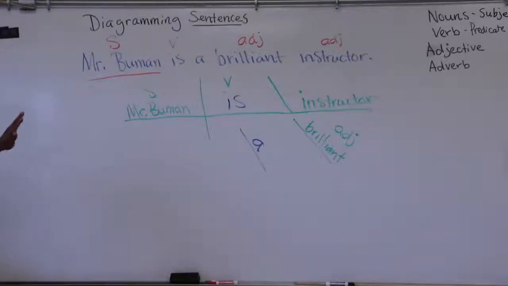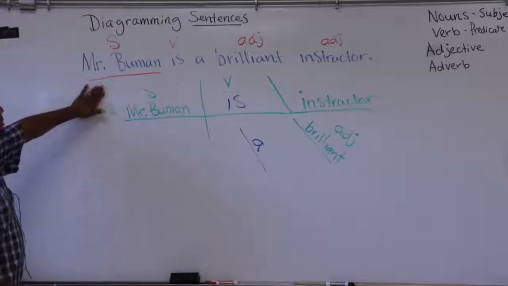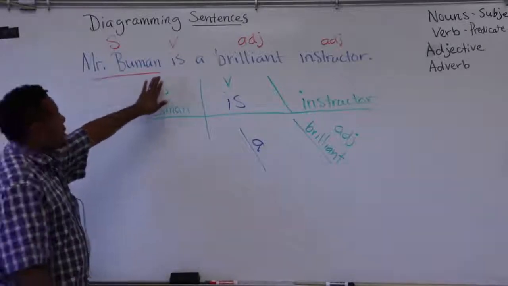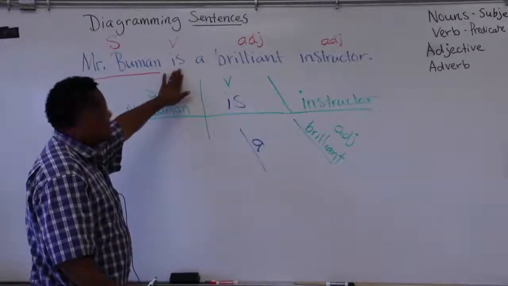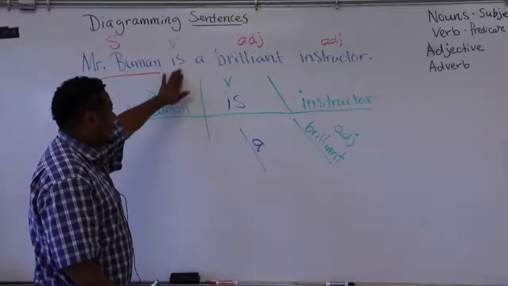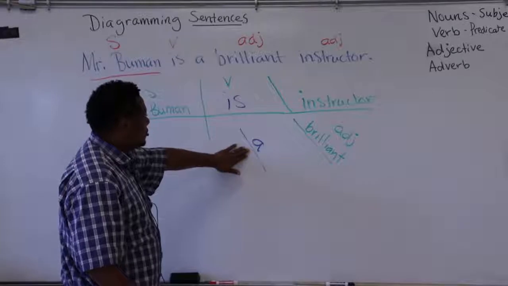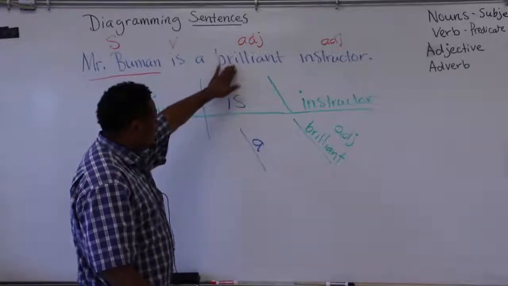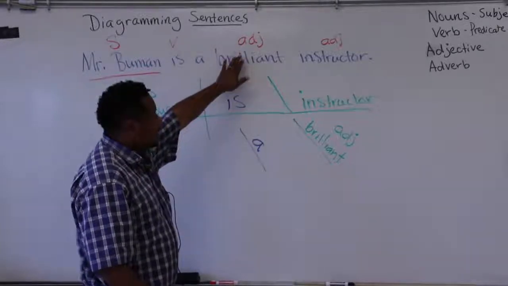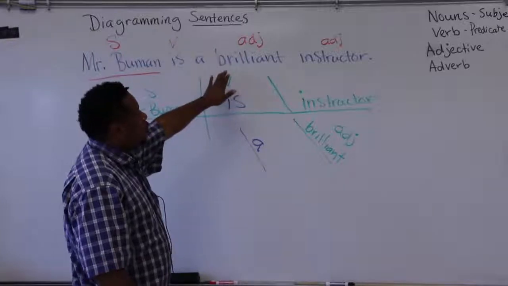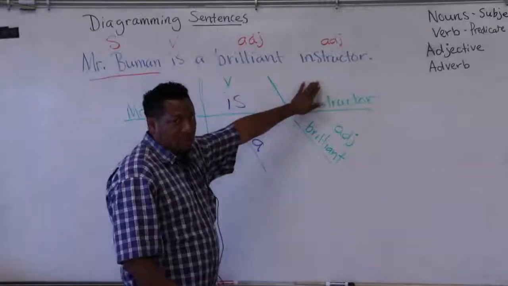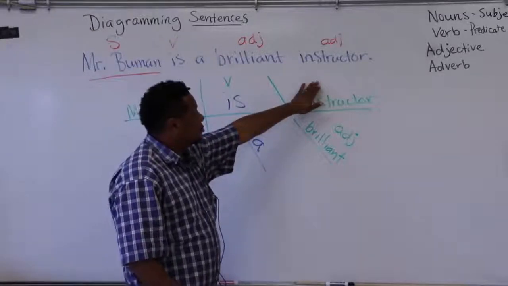So Mr. Boomin is a brilliant instructor. Mr. Boomin is the subject, is the verb, is the state of being. A is the article. Brilliant is the adjective that's describing what kind of instructor Mr. Boomin is.